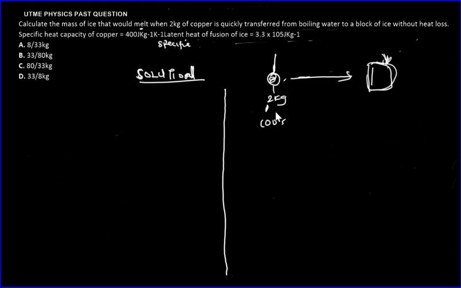We are looking for the mass of the ice that will melt when this copper, which we took from boiling water, is transferred to it. Simple. From here, you know that the one that is supplying heat is the copper, and the one that is gaining heat is the ice.